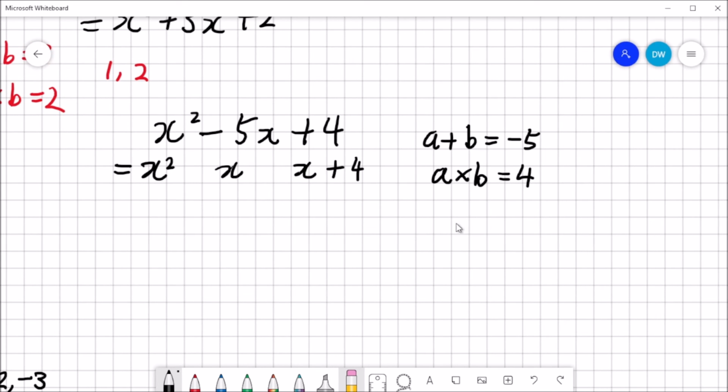Okay, so did you get it? If you're still unsure, think about it. What are the factors of 4? Which numbers multiplied together would give you 4? So obviously it's 1 and 4, and 2 and 2. Of course, 2 and 2 have nothing to do with 5. 1 and 4, when you multiply them, you do get 4.